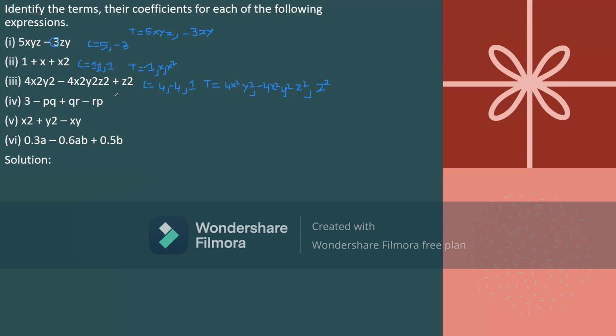Then let's do this one. Which one are we doing now? So we're doing this one.